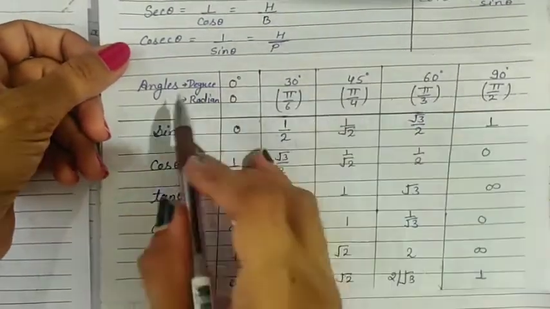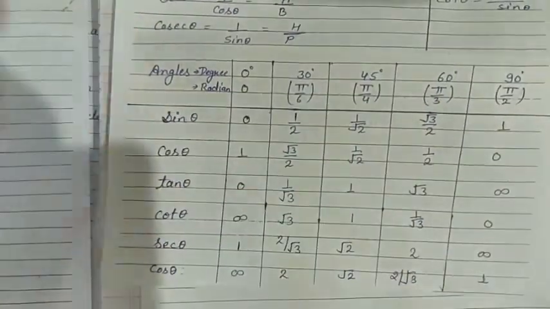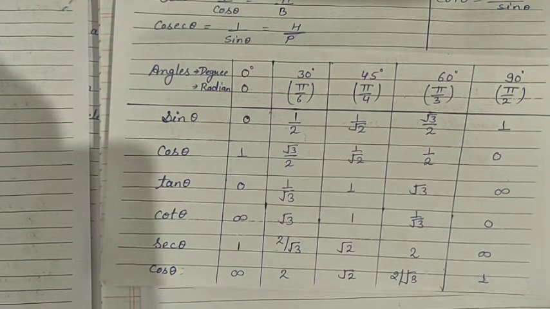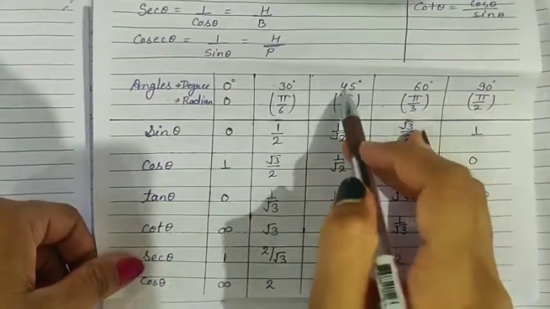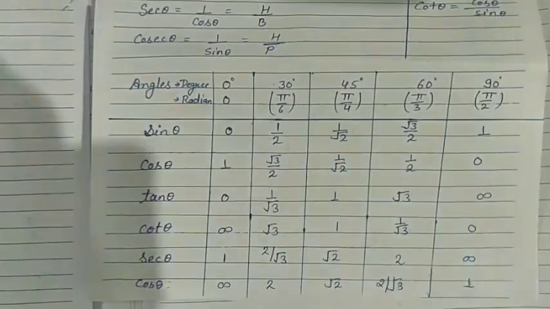These are angles in degree and radian, and these are the 6 trigonometric ratios. Students, we will find the value of trigonometric ratios for 0 degree, 30 degree, 45 degree, 60 degree and 90 degree.